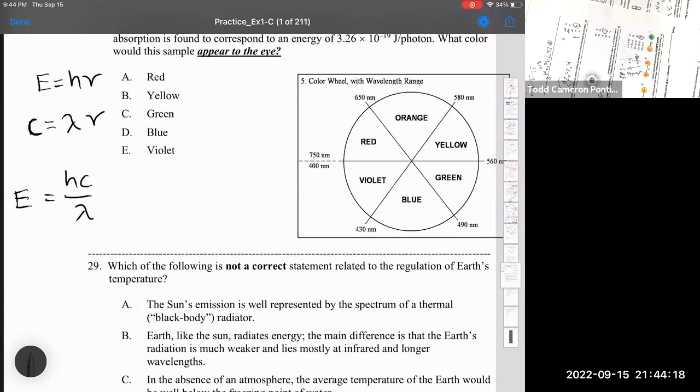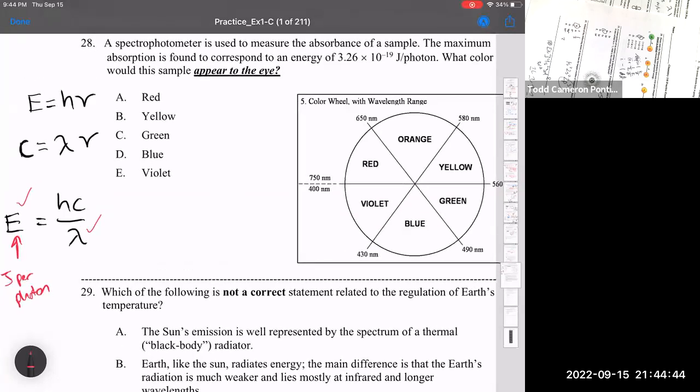But what this does is it relates energy and wavelength. So energy, check, wavelength, check. And the energy is in joules per photon. If you're given kilojoules per mole, you have to convert to joules per photon before using this equation. Here, we're given the energy in joules per photon, so we're good to go.